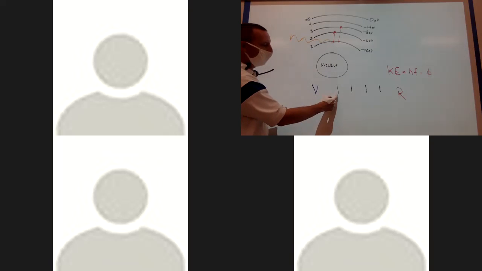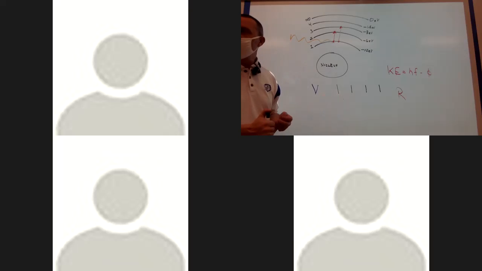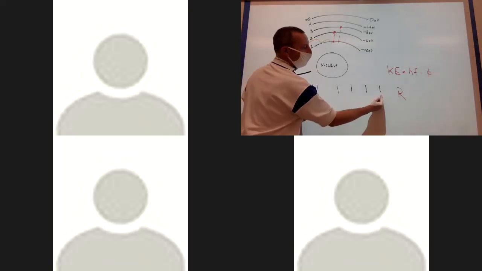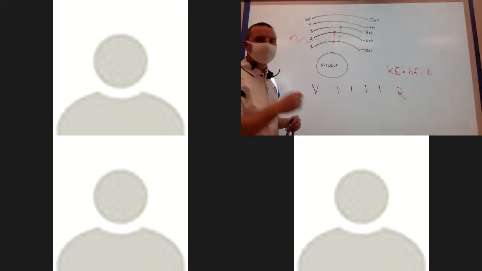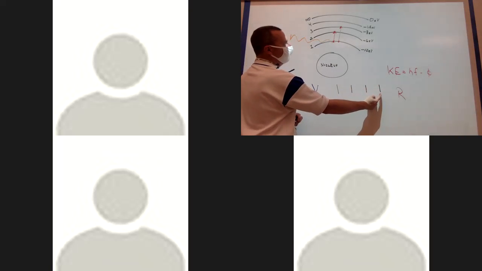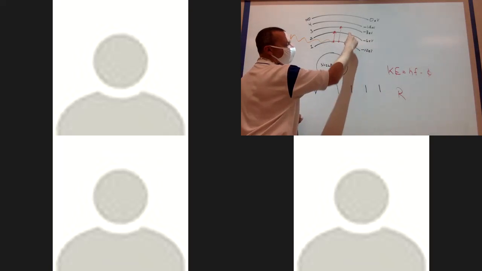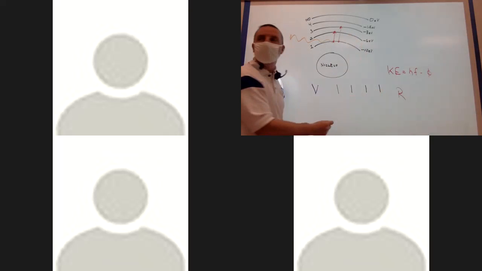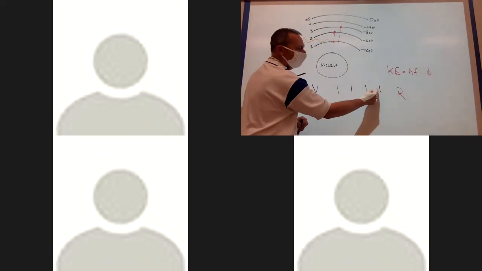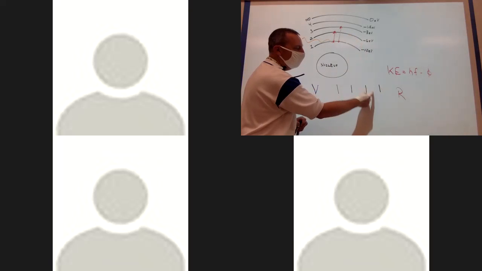Well, this black line, making up a number, I guess starting at the lower energy, this black line is the 4 electron volts of energy that got absorbed. But the 5 electron volts of energy we can still see.